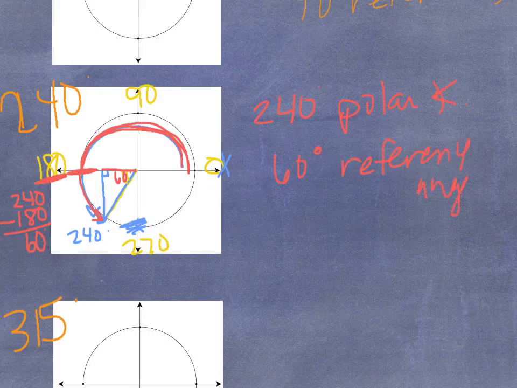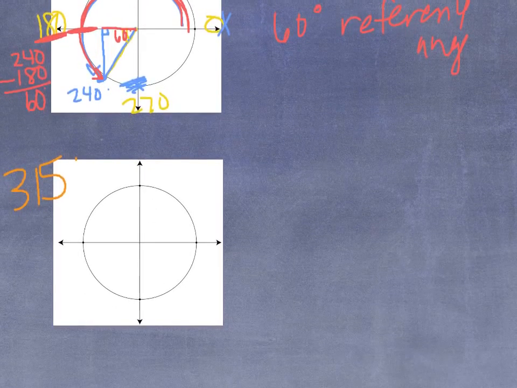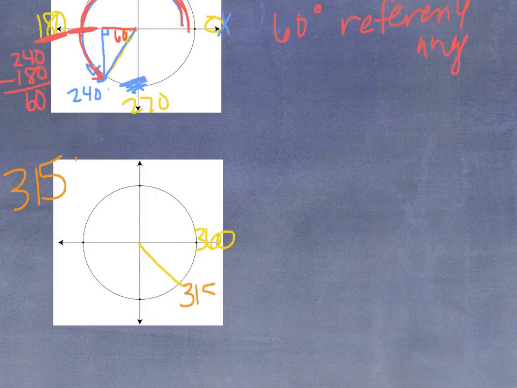Go ahead and try 315 on your own. Locate it on the coordinate plane, and then go ahead and see what the reference angle would be. Okay, here's my solution. 315 degrees is almost 360. I would be going the whole way around if it was 360, but we didn't. We only went 315 degrees to get there. So back to the x-axis, what would that angle measure be if I dropped this straight down to the x-axis?